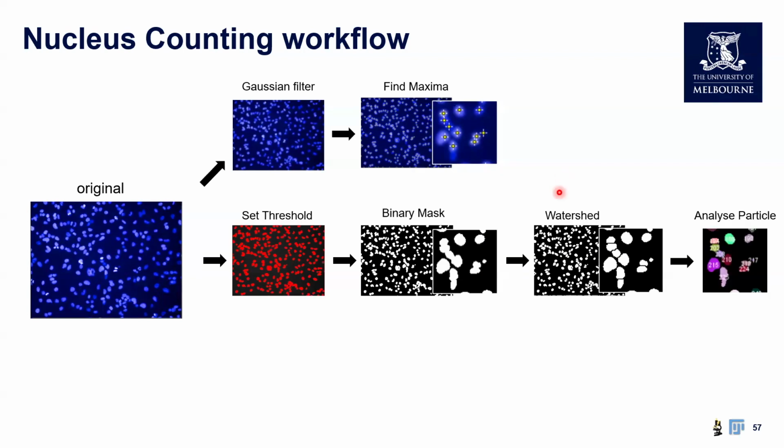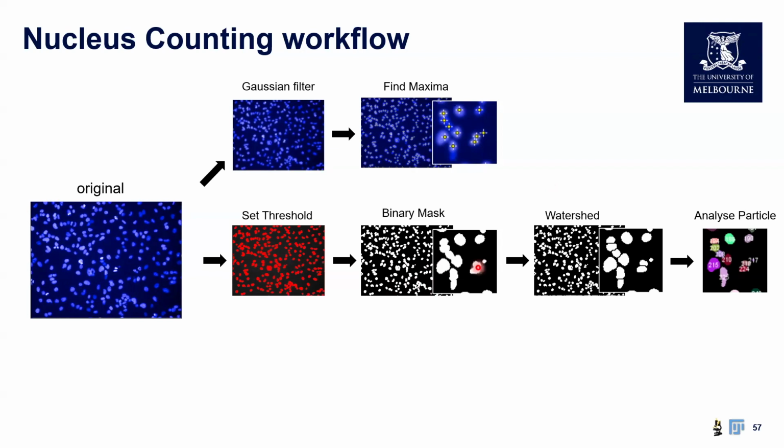So a rather common approach is to use conventional thresholding for object detection. First we set the threshold. As you can see, the thresholded signal is shown in red in this image. Based on that, we can generate a binary mask image, like a white image.